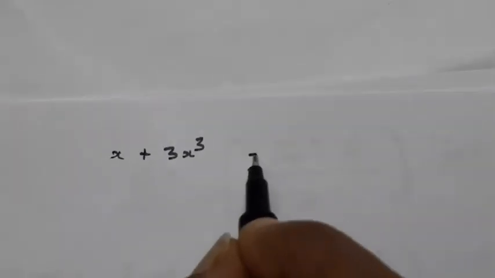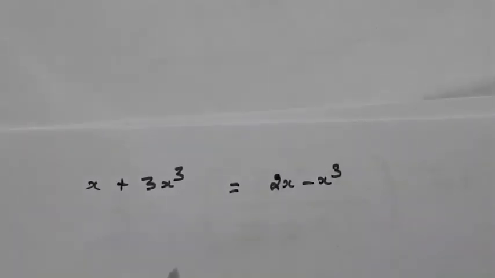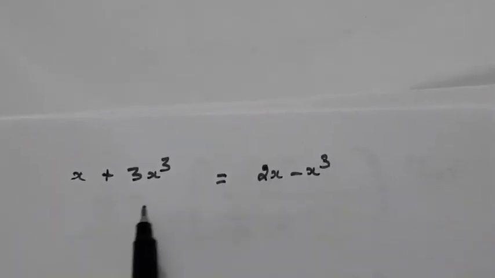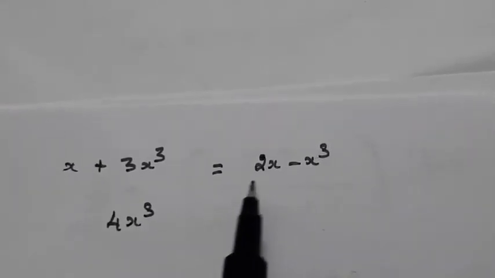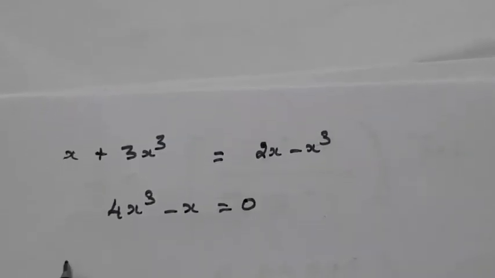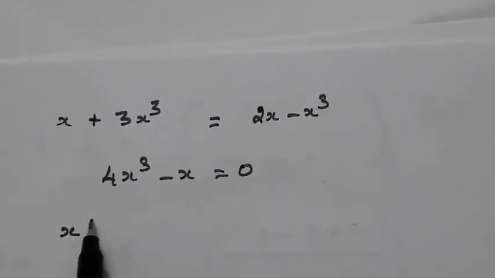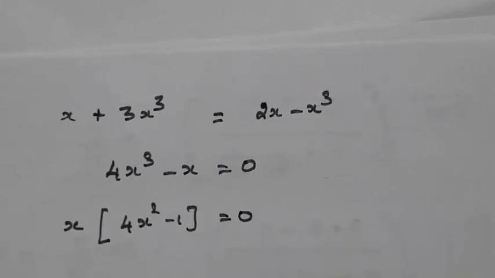Okay. So we got this. And then after simplifying, moving this x cube to the opposite side, we have 4x cube, and x minus 2x will be minus x is equal to 0. Now let us factorize this by taking x common outside. So we have x into 4x squared minus 1 is equal to 0.